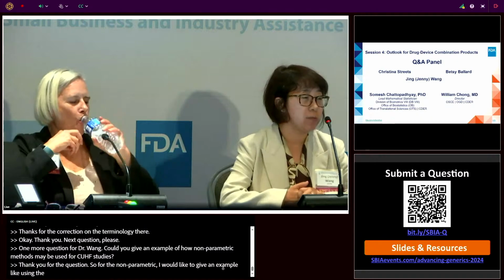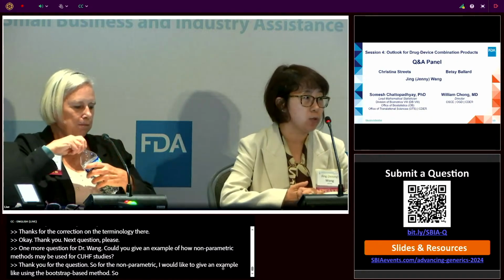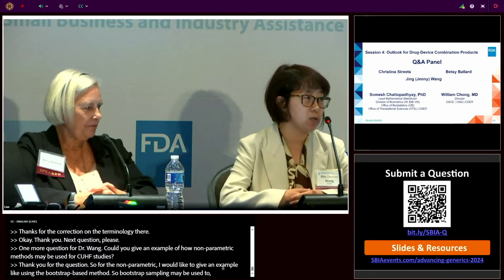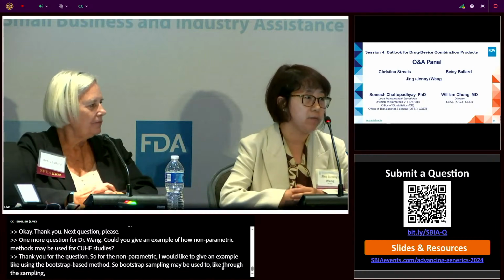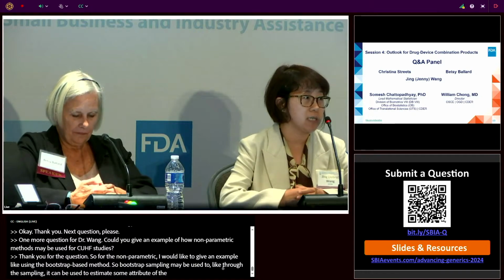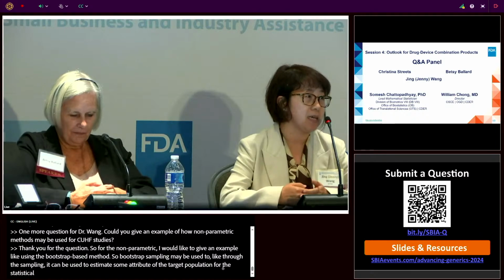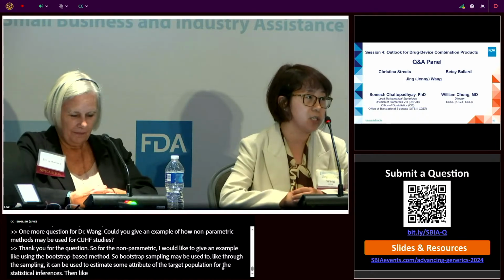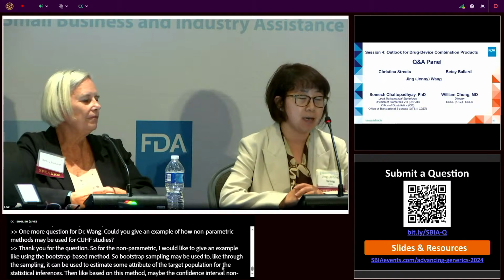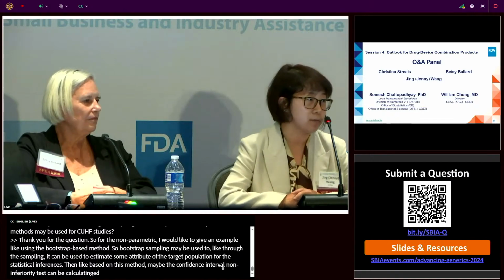Bootstrap resampling may be used, through the resampling, to estimate some attributes of the target population for the statistical inferences. Then based on this method, maybe the confidence interval of the non-inferiority test can be calculated. Yeah, this is a brief example. Thank you.